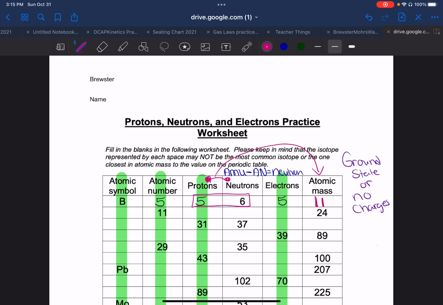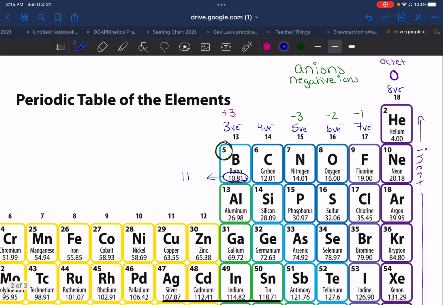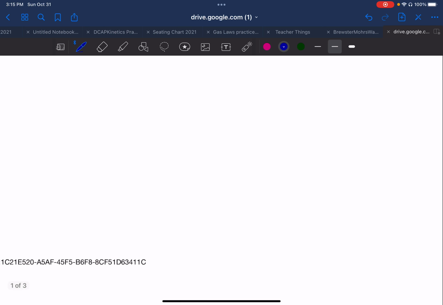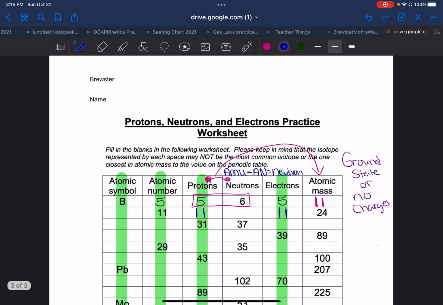Let's do another one. This one they gave me the atomic number, so as soon as I see that number, then I know that that's going to be my number of protons here and my number of electrons here as well. Go to my periodic table, I'm looking for number 11, and I find it. It's sodium, Na. So my symbol is Na.